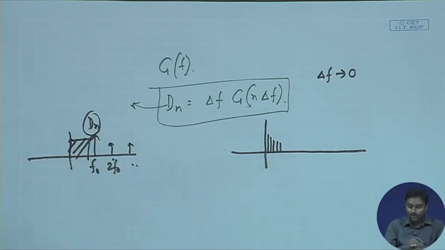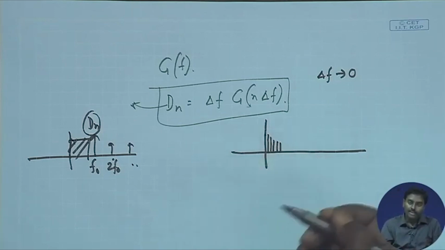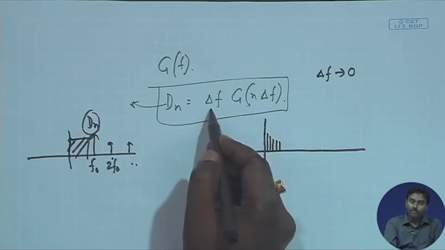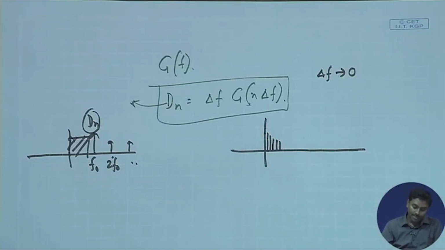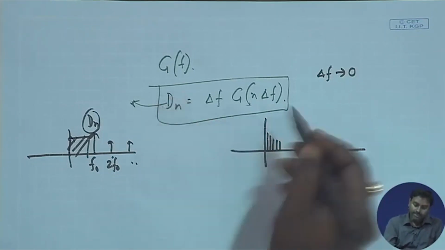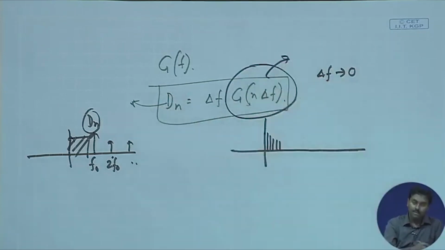And on top of that, as del f goes to 0, these are becoming closely packed. Once they are closely packed, I get a continuous spectrum, and the corresponding d_n's vanish, because they are multiplied by del f. As del f becomes smaller and smaller, the d_n might vanish, but the g still has a relative strength. So if g is multiplied by the frequency interval, I get the corresponding d_n, and we have already seen that integration gives me some value.